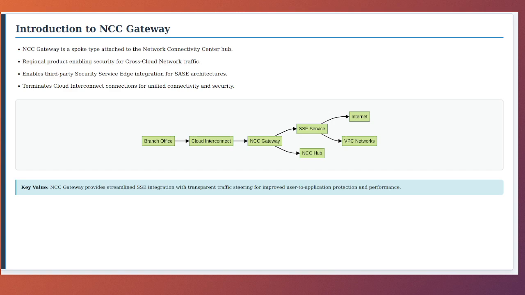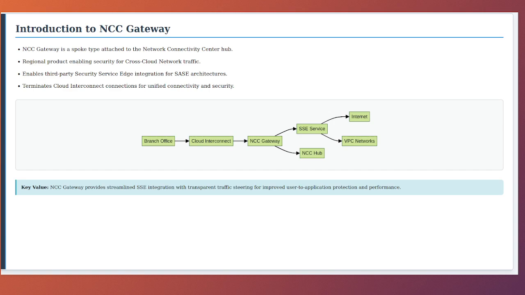Additionally, NCC Gateway can terminate interconnect connections, providing a unified approach to both connectivity and security. The key value proposition of NCC Gateway is that it provides streamlined integration with SSE partners. Rather than building complex network paths to route traffic through security appliances, NCC Gateway offers transparent steering for improved user-to-application protection and performance.